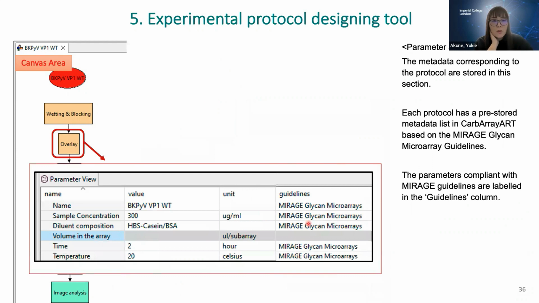For example, in the overlay protocol, the list of the parameters is here, and you can record the detailed information, the parameters of the experiment in CarbArrayART, such as the sample concentration or diluent composition or temperature or time, volume, etc. Here the same, the items compliant with MIRAGE guidelines are highlighted, labeled as MIRAGE in the guidelines column.